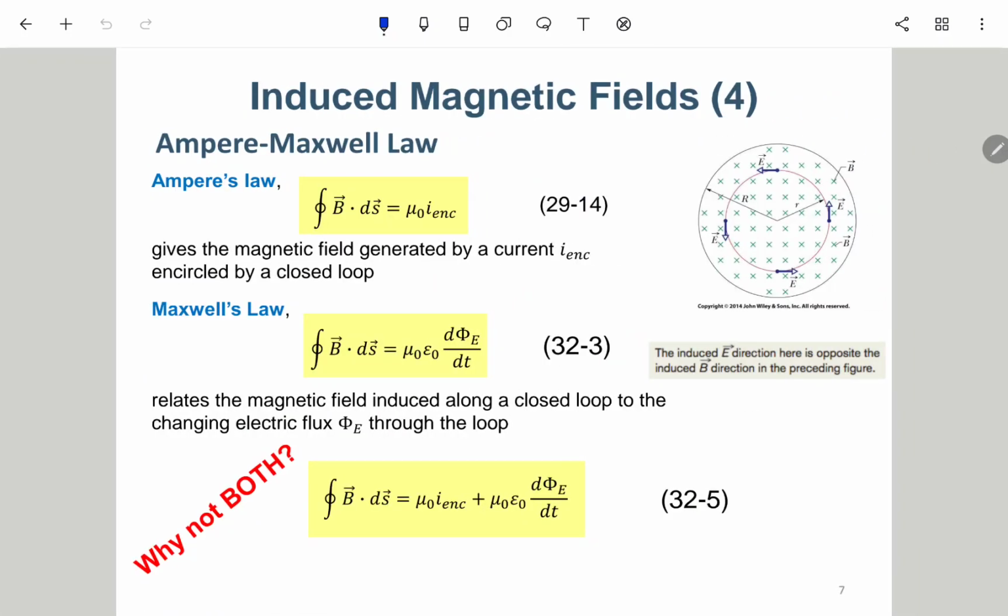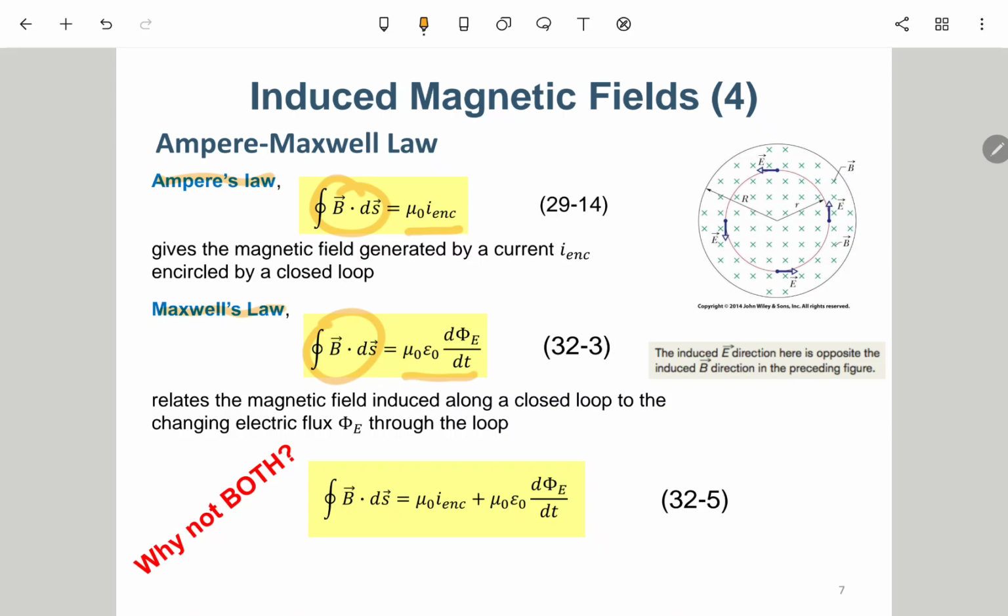Okay, so another question: in chapter 29 we talked about Ampere's law, and in this chapter we talk about Maxwell's law. Both of them have this line integral on the left side, but for Ampere's law we have this mu naught I enclosed, and for Maxwell's law we have this other term. So we need to have two individual equations.